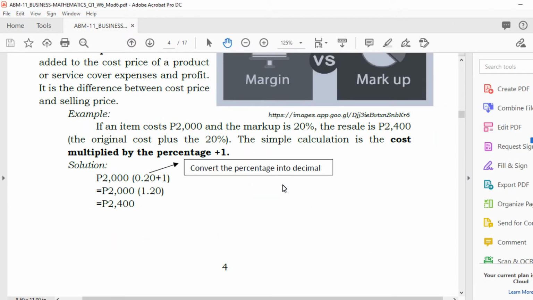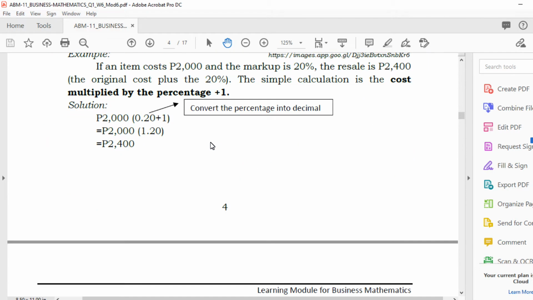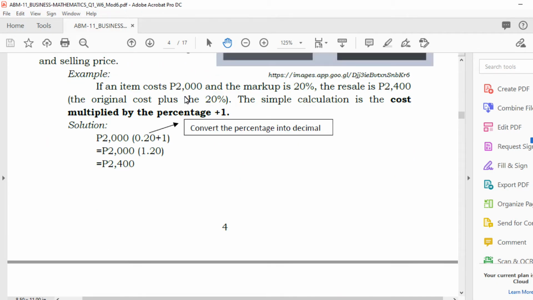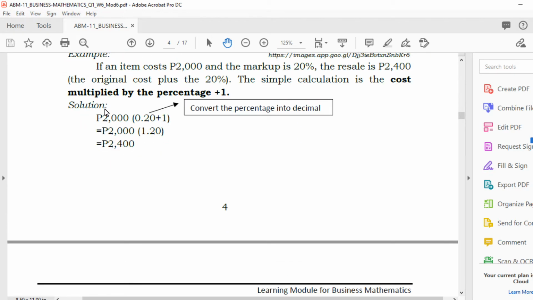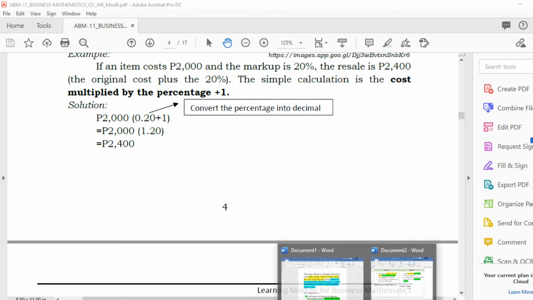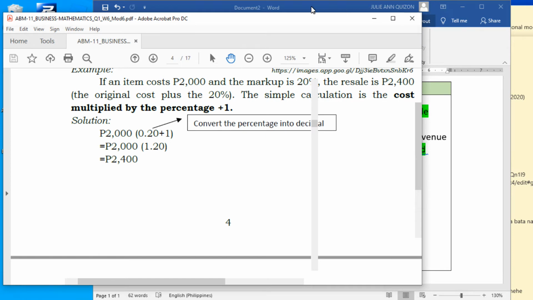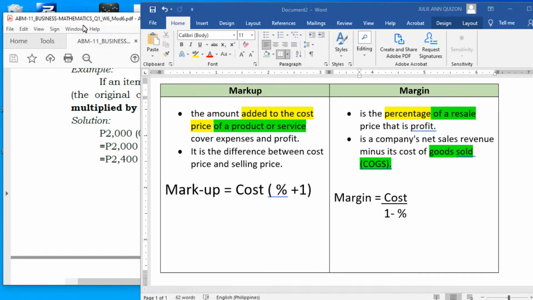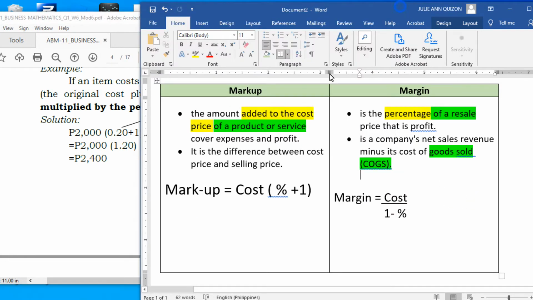So, let's give example. Sabi natin, an item cost 2,000 and the markup is 20% and the resale is 2,400. So, makikita natin dito, sa ating computation na markup is equals to cost times the percent plus 1.